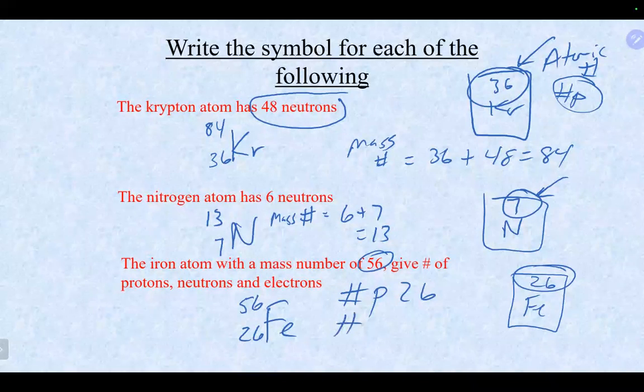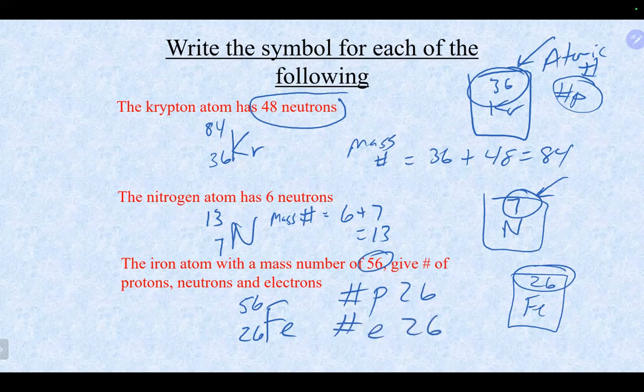It will have a matching number of electrons since it has no charge. And in this case, our number of neutrons will be our mass number minus our atomic number, which looks like it will be 30 in this case. Any questions on atomic number, mass number, protons, electrons, and neutrons?